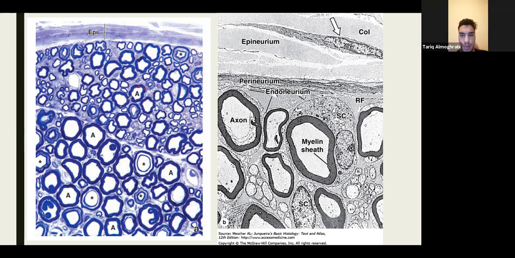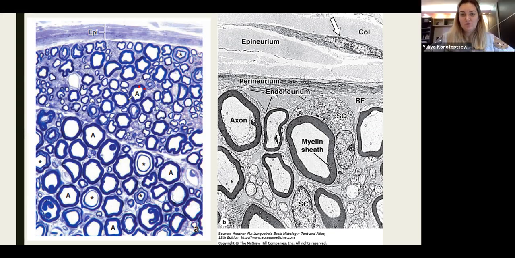PAS is for glycogen, for glucose-rich molecules, right? So if you wanted to actually see the lipids of the myelin, you will definitely have to use heavy metals. Two heavy metals that you could possibly use: silver or osmium. In our university, our slide is osmium. So we're going to be using osmium to see the lipids.